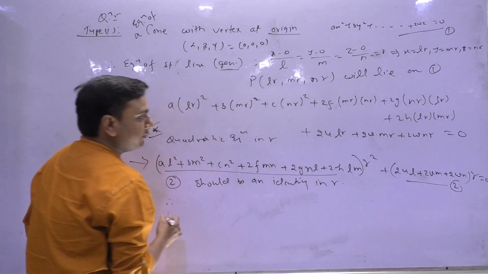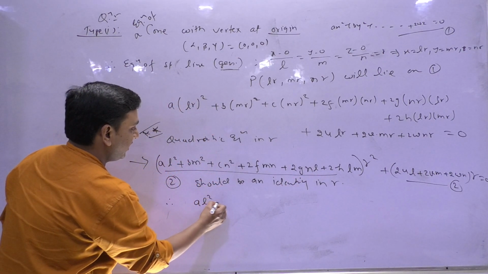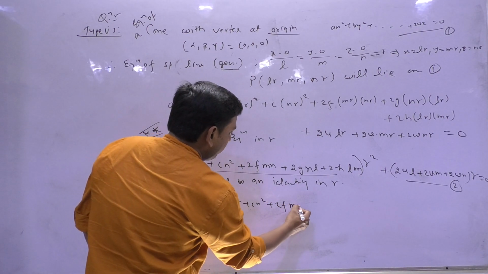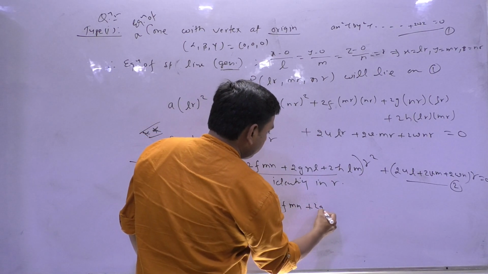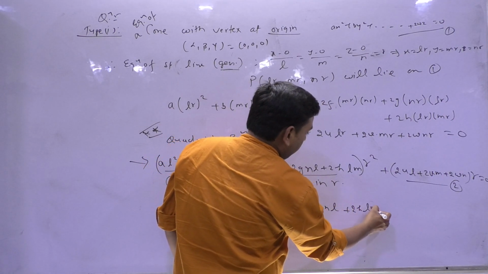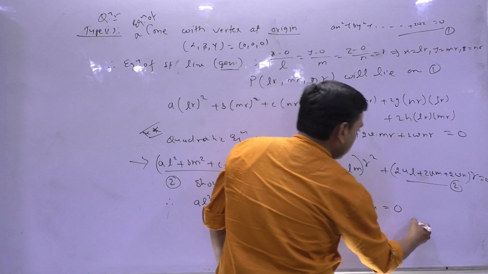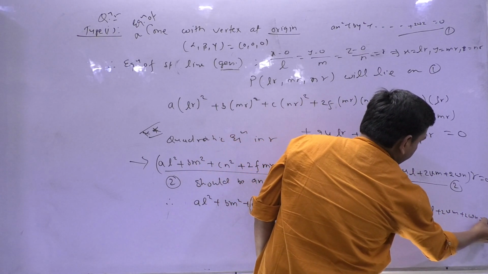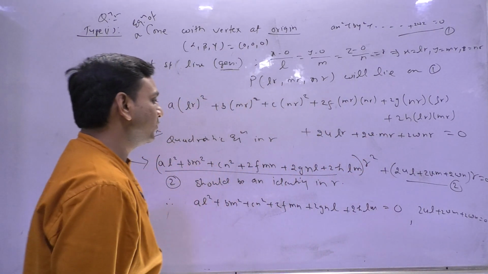The coefficient must be 0: aL² plus bM² plus cN² plus 2fMN plus 2gNL plus 2hLM equals 0, and 2uL plus 2vM plus 2wN must be 0.